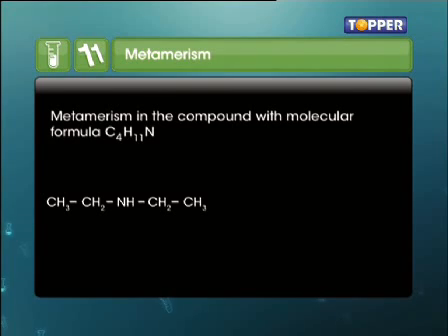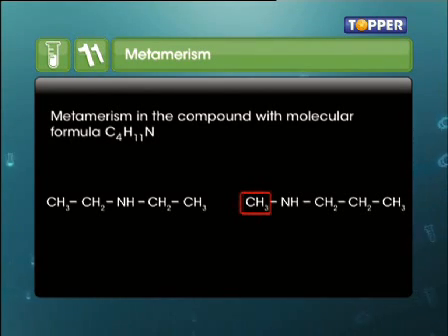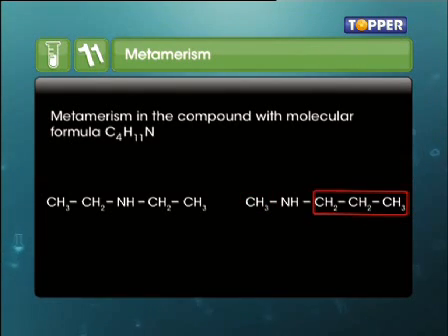The first isomer has two ethyl groups, one on each side of NH. In the second isomer, there is a methyl group on one side and a propyl group on the other side of NH. Thus, metamerism arises due to different alkyl chains on either side of the functional group in the molecule.